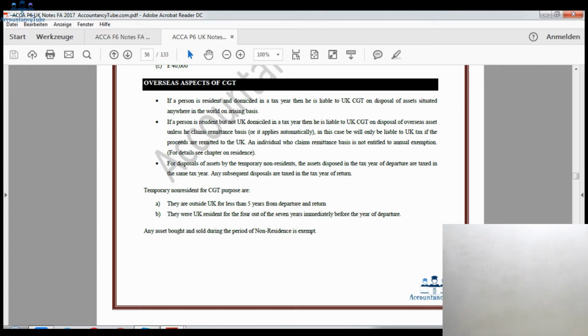Then after that, it says for disposal of assets by a temporary non-resident, the assets disposed in the tax year of departure are taxed in the same tax year. Any subsequent disposals are taxed in the tax year of return.